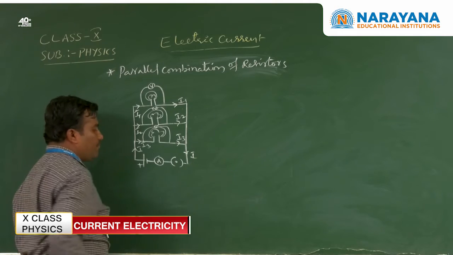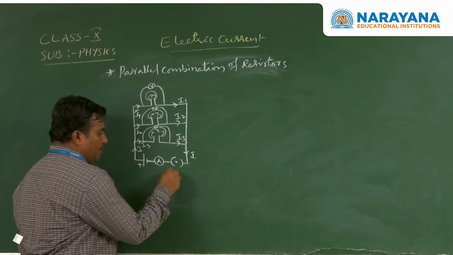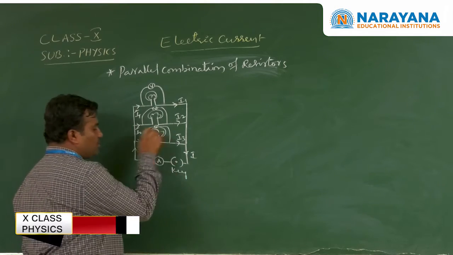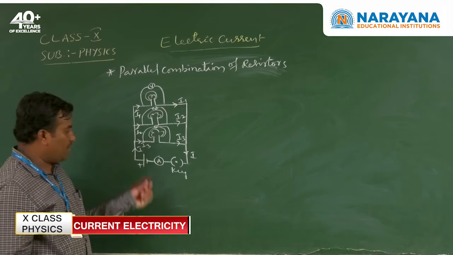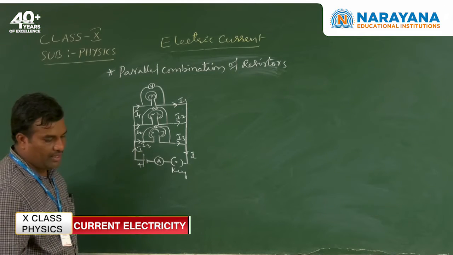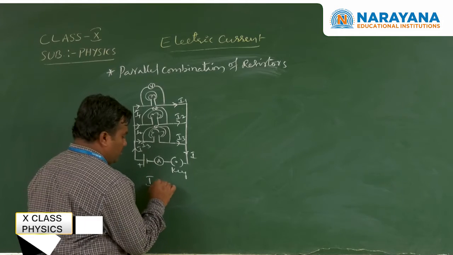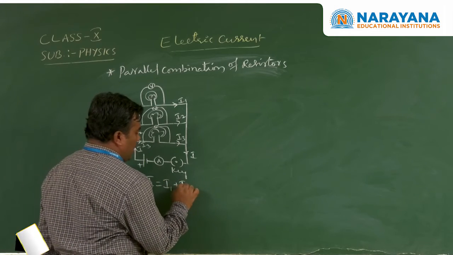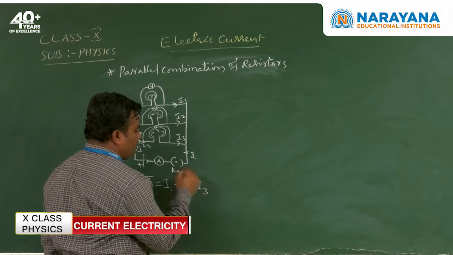Then we get the total current I. When we press the key, the main current splits into three currents, I1, I2, I3. So I is equal to I1 plus I2 plus I3.